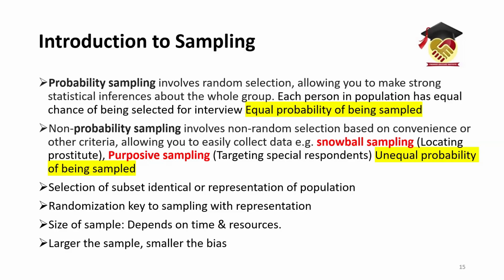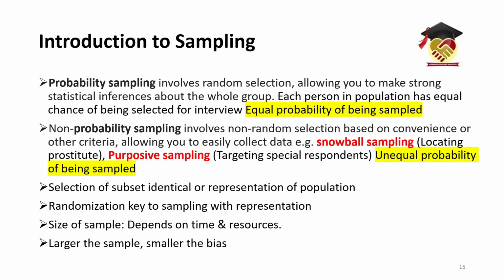That means each and every item has an equal and non-zero chance of being selected. If you want to select someone, you have the same chance of selecting any person as any other. So each element has an equal and non-zero chance.